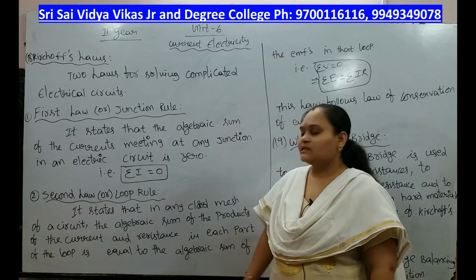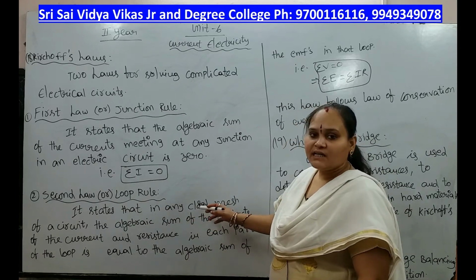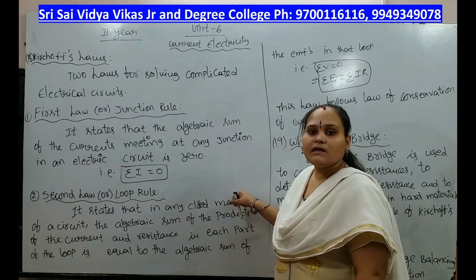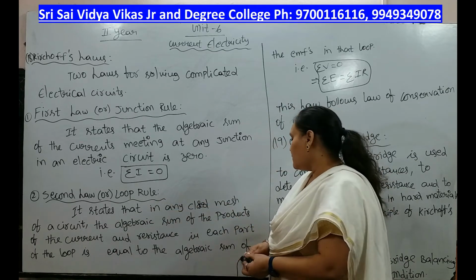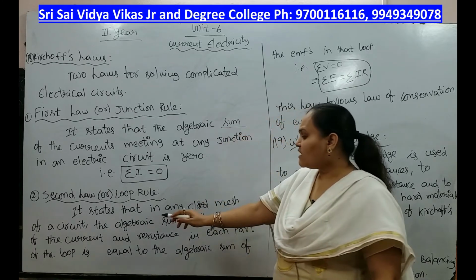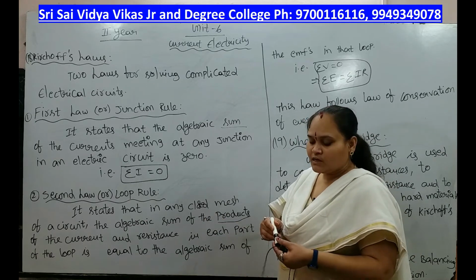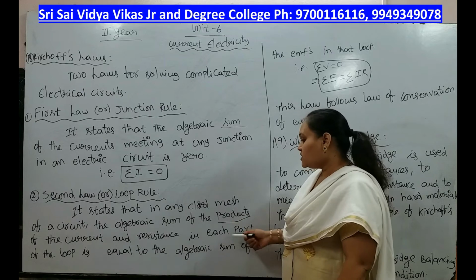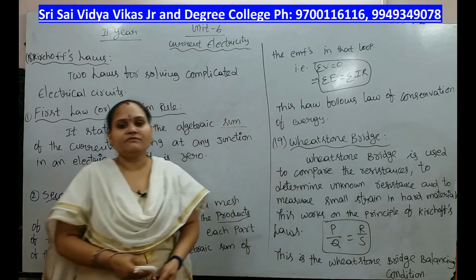The second law is nothing but the loop rule. It states that in any closed mesh of a circuit, the algebraic sum of the products of the current and resistance in each part of the loop is equal to the algebraic sum of EMFs in that loop.